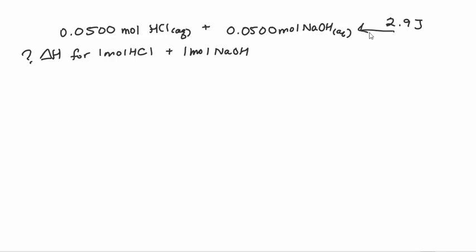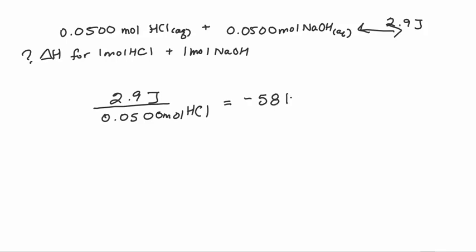So if I have 2.9 kilojoules, and that's produced with 0.0500 moles of HCl, then I can just divide these numbers here, and the units I get are kilojoules per 1 mole. So for 1 mole of acid, the delta H is then a negative 58 kilojoules.